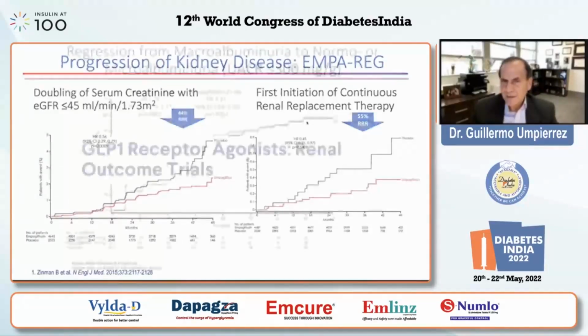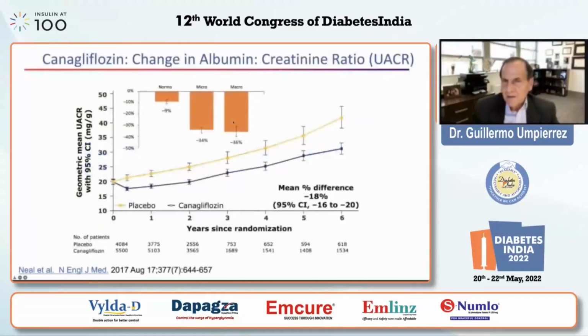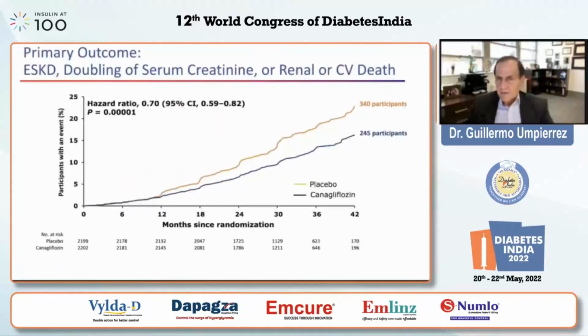This is with EMPA. What about CANVAS, canagliflozin? You have the same, going from normal to microalbuminuria, and there's a significant reduction in the urinary albumin creatinine ratio. These are studies that were conducted after 5 years. And if you look at the doubling of serum creatinine, the need for dialysis and cardiovascular or renal death, it was decreased by 30%.